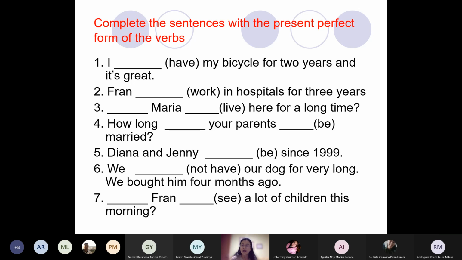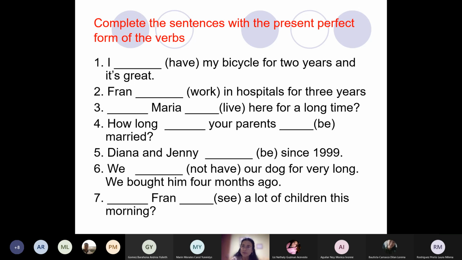Entonces decimos, can you complete it? I have had my bicycle for 2 years and it's great. Very good. I have had, para decir, yo he tenido una bicicleta ya por 5 años, y mire que está en perfectas condiciones. ¿Cómo lo dice? I have had.